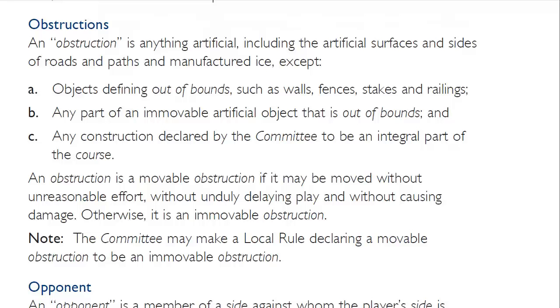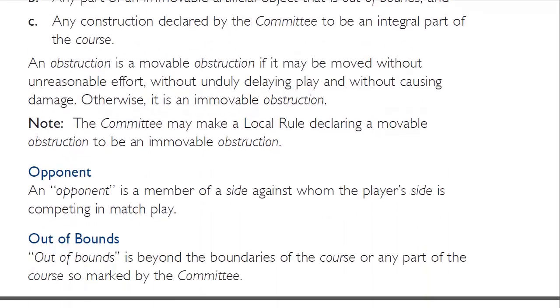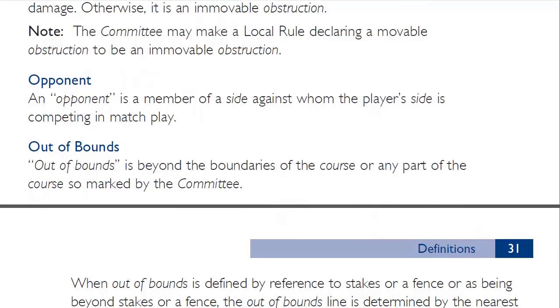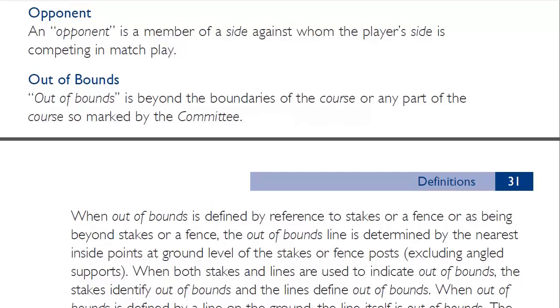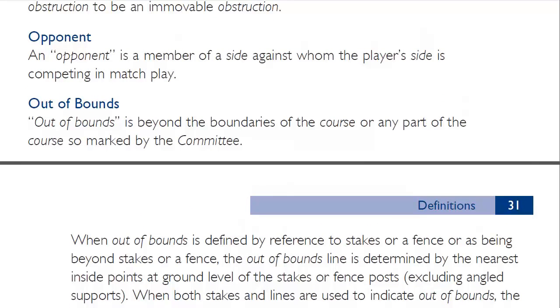You know, the cart paths, the buildings and structures, the ball washers, the trash cans out there. Those kinds of things are all obstructions. Now there are some obstructions that are movable, and then you have obstructions that are immovable. So it's important to know how to deal with each of those situations. And again, not that you need to know exactly right now, but we're going to be showing you more about that as we get into the examples coming up.